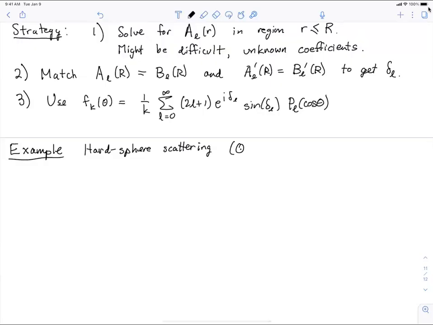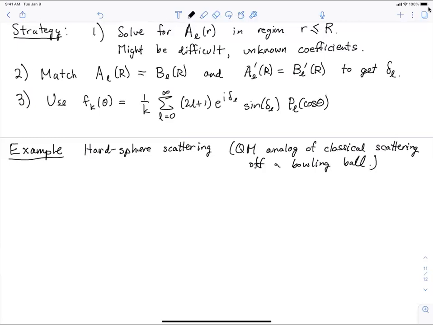Okay, so this is the quantum mechanical analog of classical scattering of hard spheres, like a ping pong ball off of a bowling ball. So off a bowling ball, I'll just say. Something that's heavy and doesn't move and has a fixed radius.